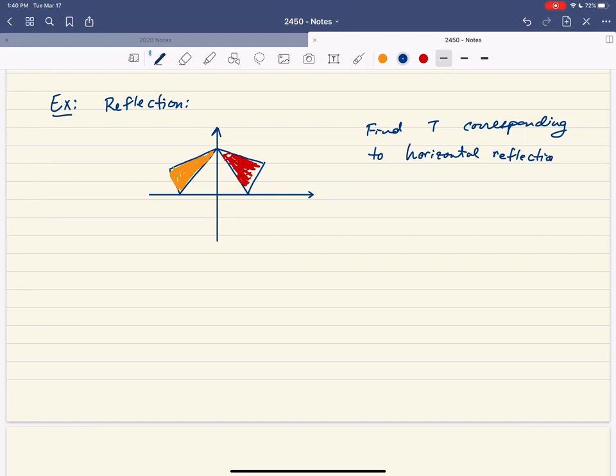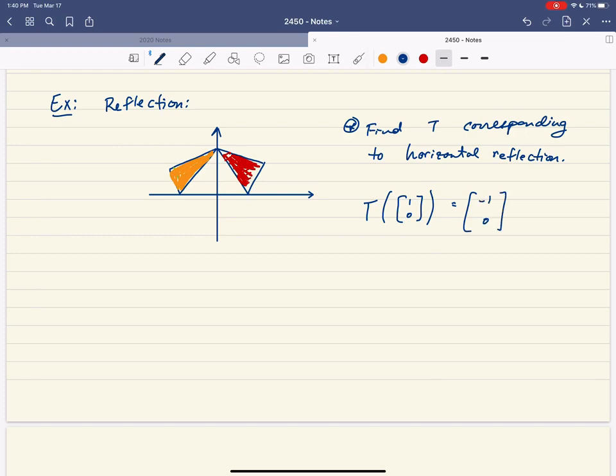Okay. And this is a perfectly straightforward exercise now, but it just underlies that what you really need to understand is what happens to the unit basis vectors. And if you do that, you know everything about the linear transformation. So we need to think about, if we want to talk about reflecting 1, 0 across the y-axis, all that's going to happen is we're going to get minus 1, 0.